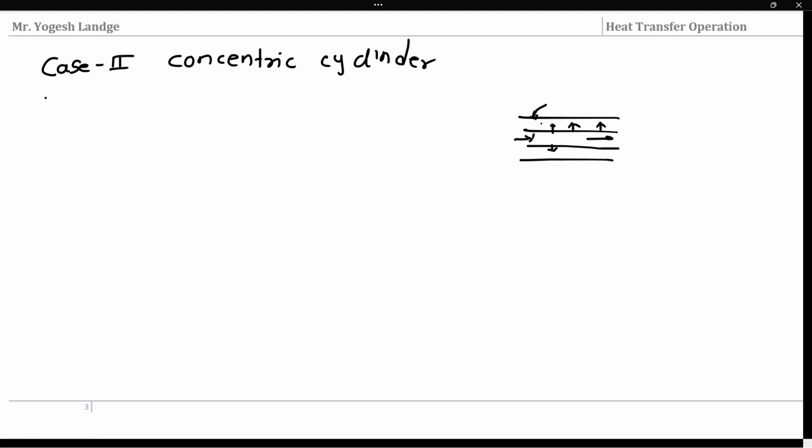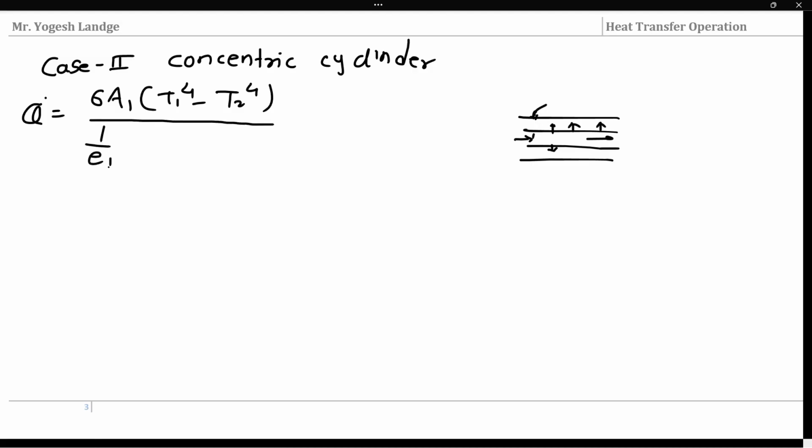So in between, the heat is transferred between these two, and for that we can write the formula Q is equal to sigma into the area A1 into T1 raised to the power 4 minus T2 raised to the power 4, upon, as it is a concentric cylinder, 1 upon E1 plus A1 by A2 in bracket, 1 upon E2 minus 1.